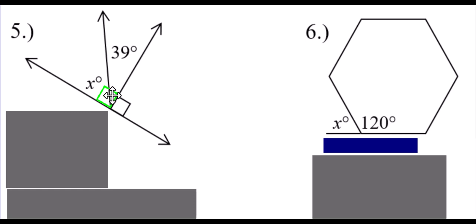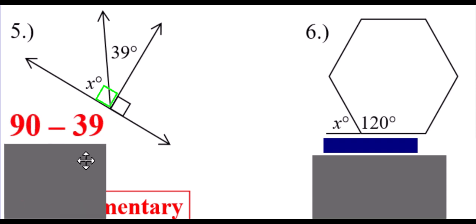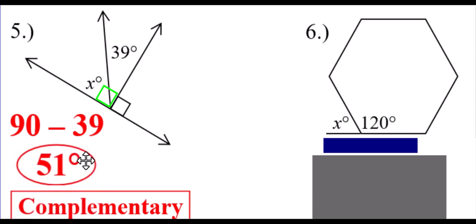Since this is 90, this is also 90, and that's 2 adjacent angles that make that 90 degree angle. Therefore, x and 39 are a pair of complementary angles. They together form a 90 degree angle, and therefore I can take 90, subtract away the 39, giving me the measure of x, which is 51 degrees.